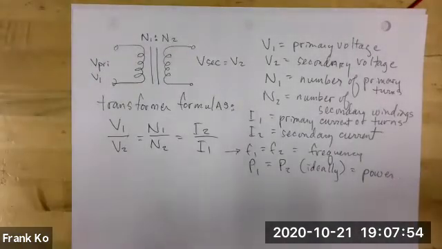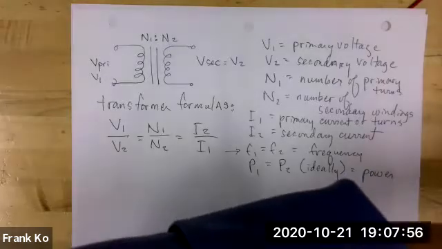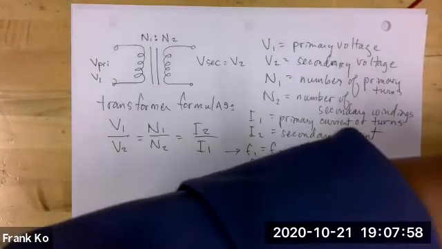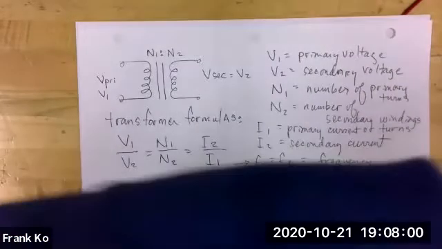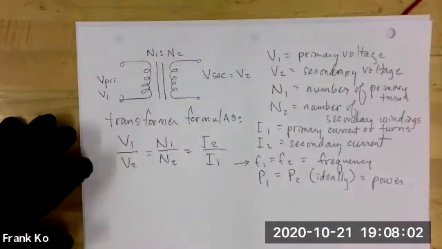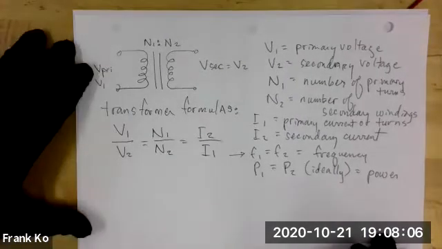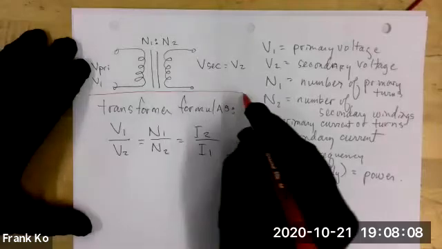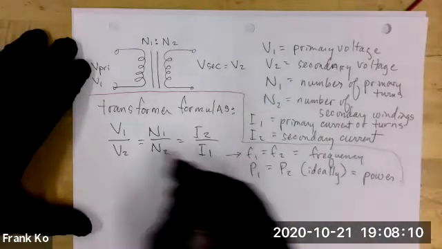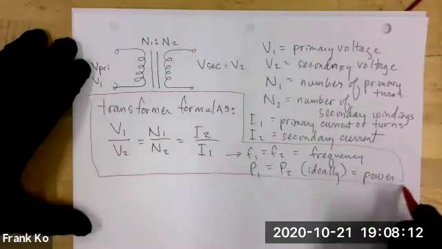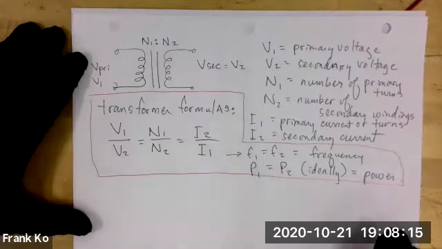So your transformer formulas are really nothing more than these basic formulas that I've written here for you. Now, I outline these transformer formulas right here, here, here, and here. So there's your transformer formulas.